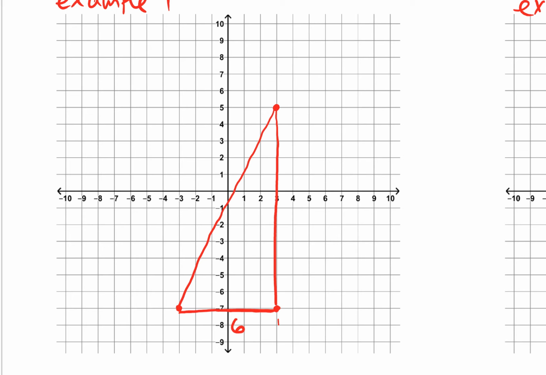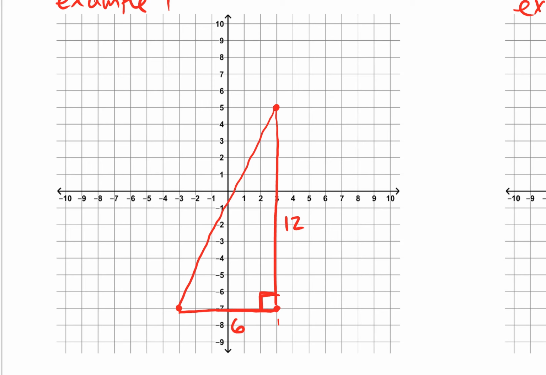And I can do the same thing for this other side. By the way, these are vertical and horizontal lines, so they do form a right triangle, which is going to be convenient in finding the perimeter and the area, actually, for that matter. So the height of this triangle is 5 minus -7. So if I was going to write this down, this is exactly 12 units long.